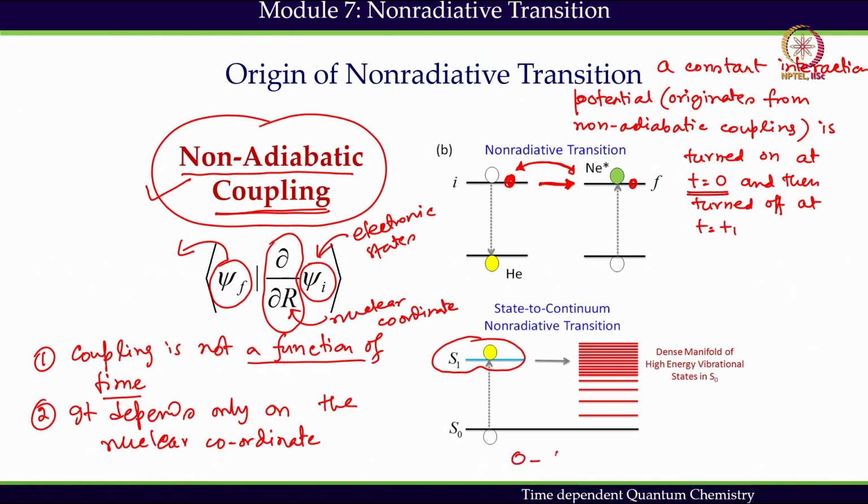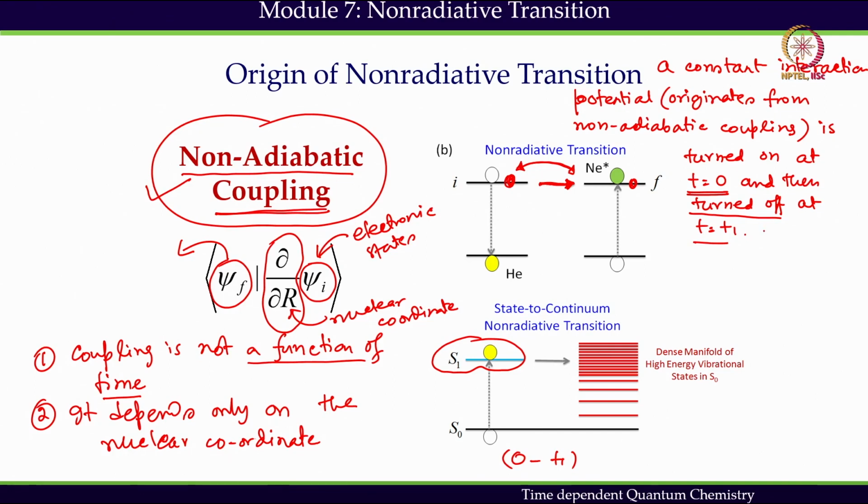So, from 0 to t1 time, during this interval this coupling will be acting on this system. After I have turned off the coupling, all I am going to check is what is the population in the final state.